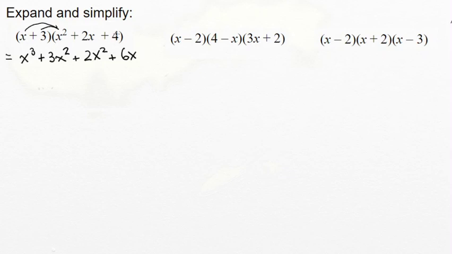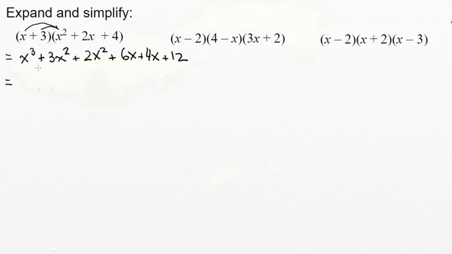Last, 4 times both of those. So 4 times x, that's 4x. And 4 times 3 is 12. Okay? We won't have much space for this one, but I can move it later.